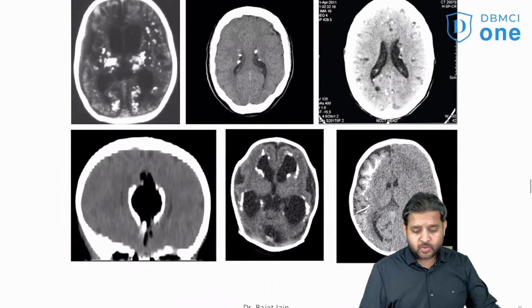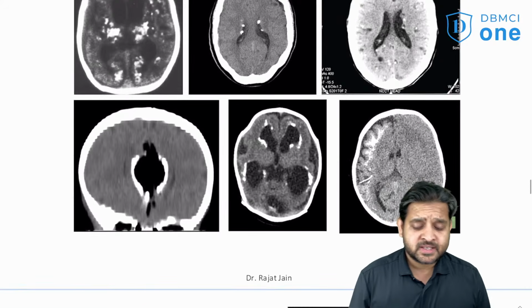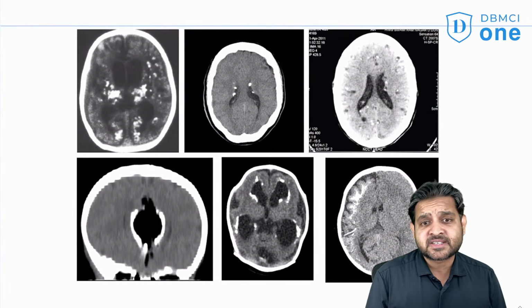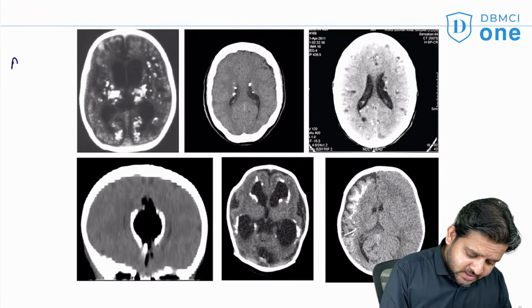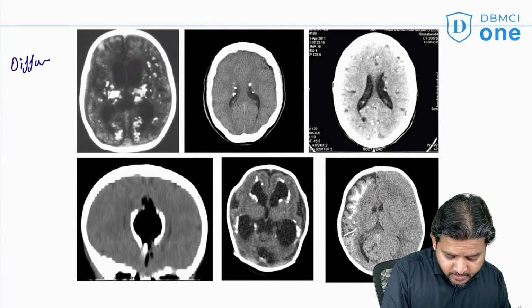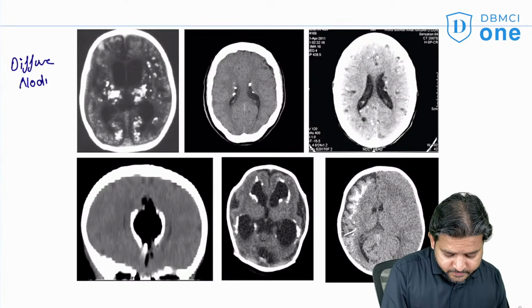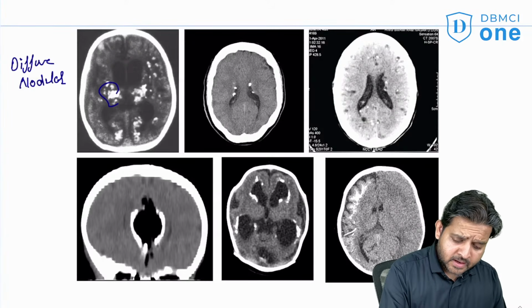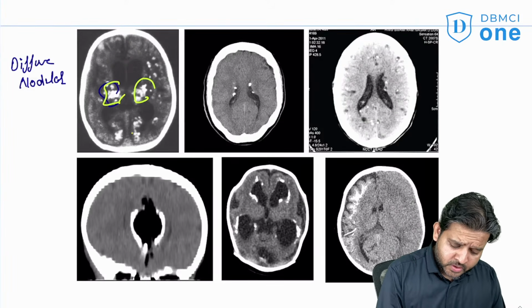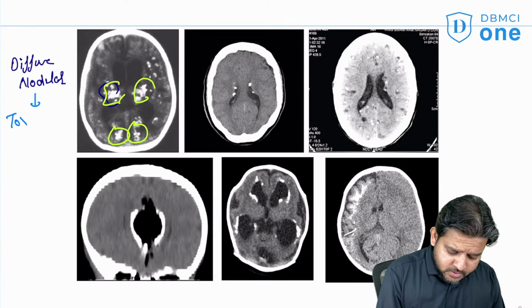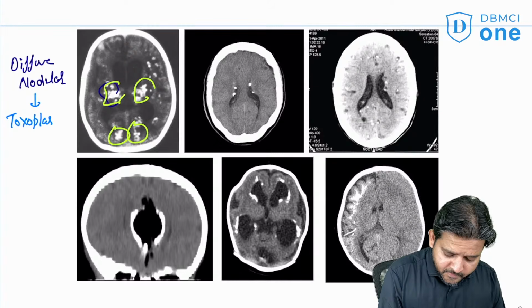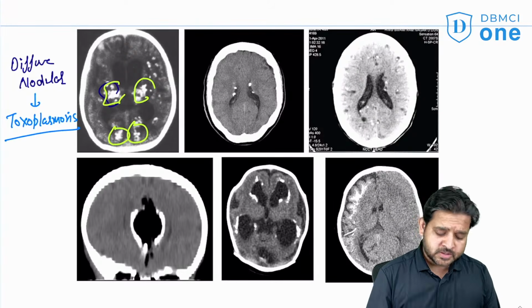Okay. Now, the other thing in the CT that the examiner loves asking is the calcification pattern. If a calcification pattern is diffuse nodular, large nodular areas of calcification in the brain, then this is toxoplasmosis.